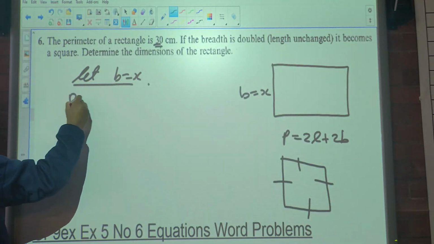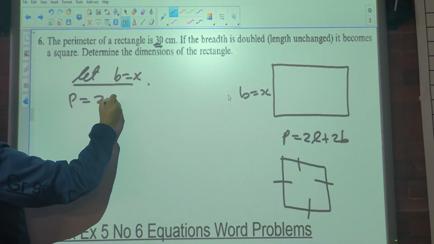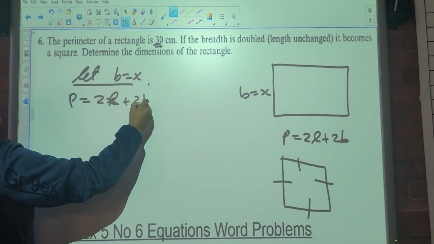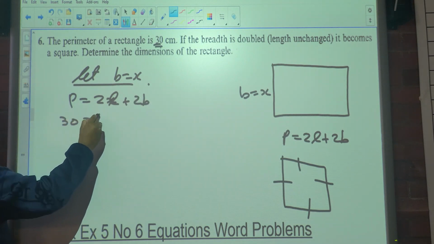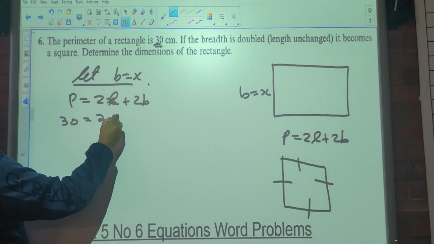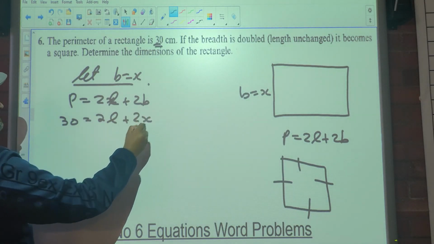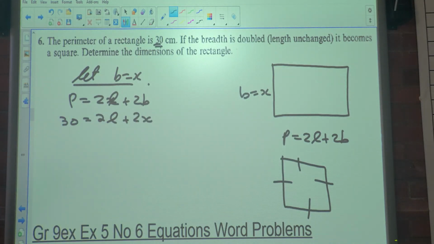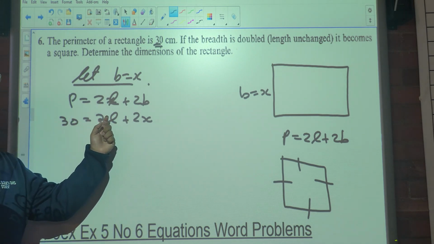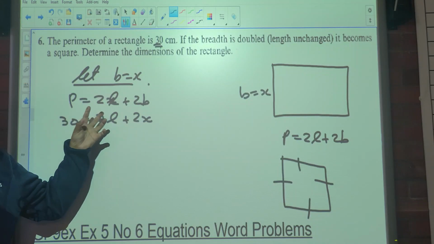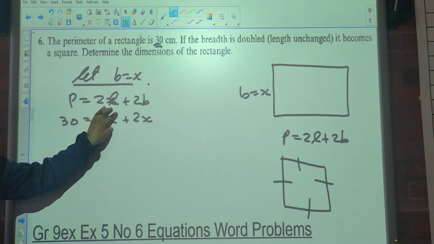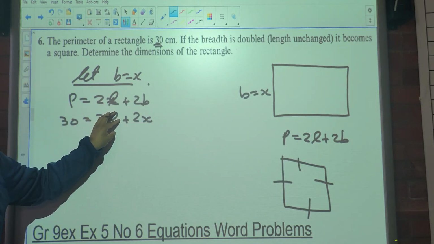So the perimeter is equal to 2 length plus 2 breadth. What's the perimeter? 30 is equal to 2 length plus 2 times x. What I'm going to do here is make the length the subject of the formula, or work out the length in terms of x.